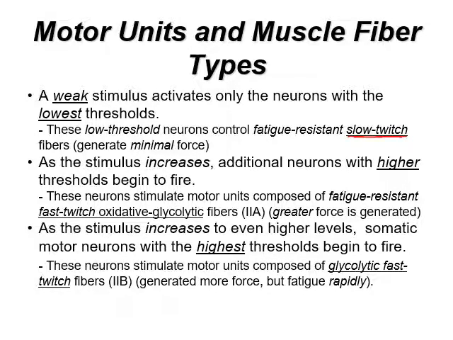So to get greater strength, we're going to recruit more motor units and different types of muscle fibers. The strongest are the fast twitch, and the slow twitch are more the postural muscles. So as I increase strength, I'm recruiting more motor units, but also different types of muscle fibers to produce the force.